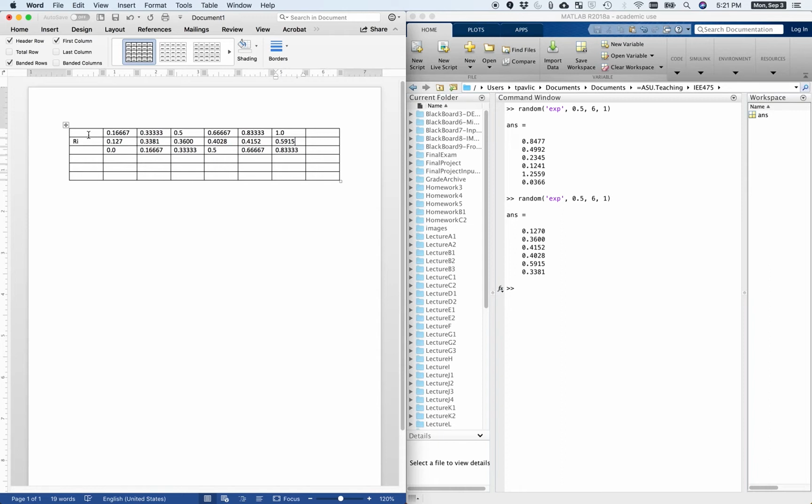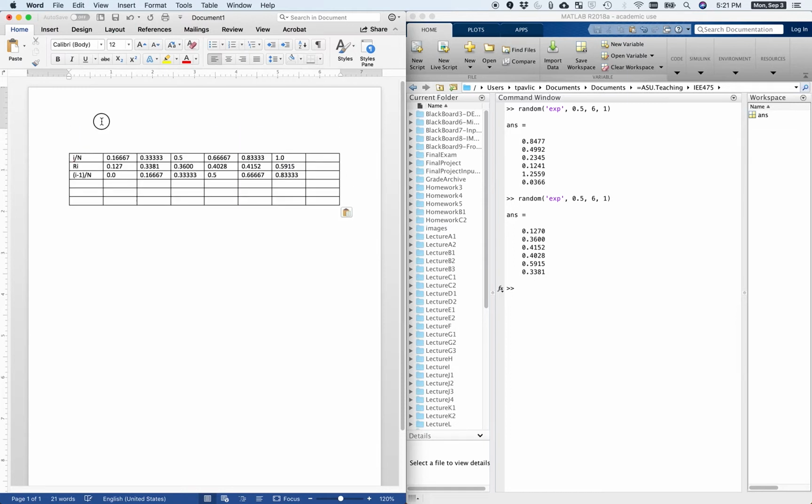All right, so I'm just going to label this column i over n, and this column i minus 1 over n. So to see where I get those numbers, let me see if I can shift this table down. Let me cut the table, paste it back here. Since I have 6 numbers, n is equal to 6.